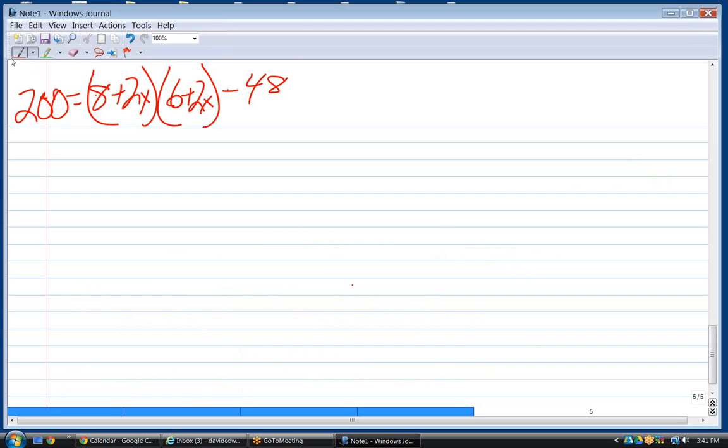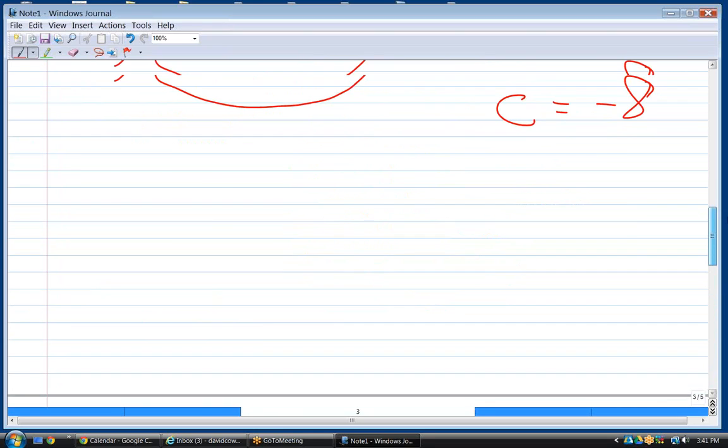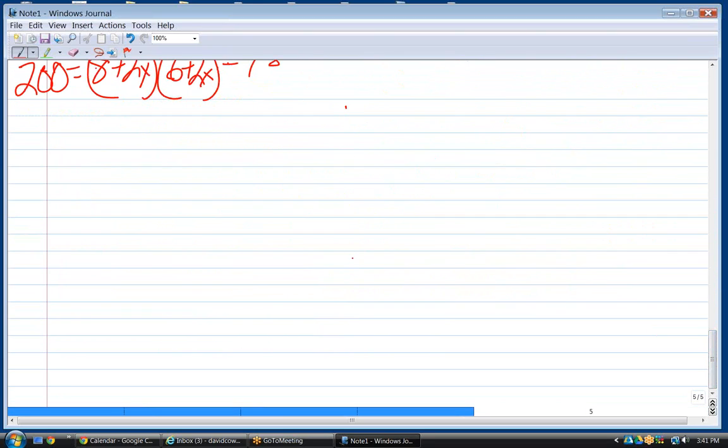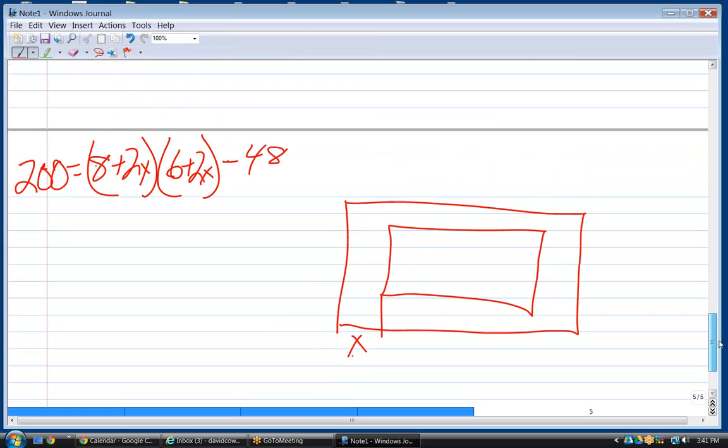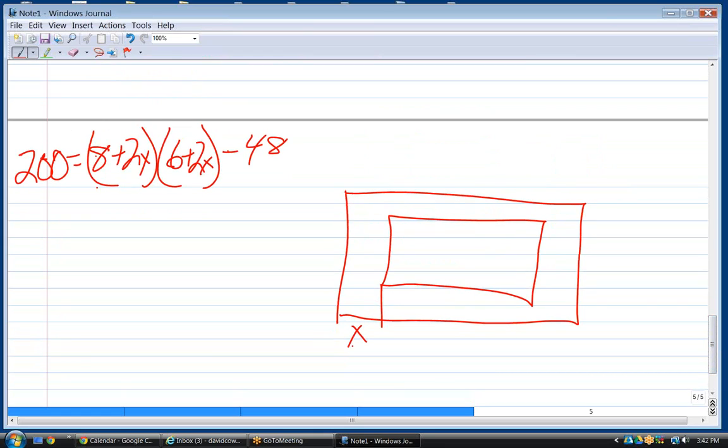They want the dimension, the distance. In other words, they want this. They want to know this distance, x. So let's solve it.